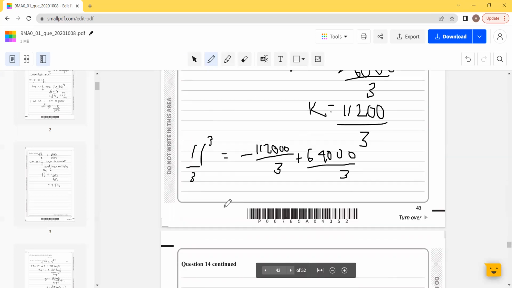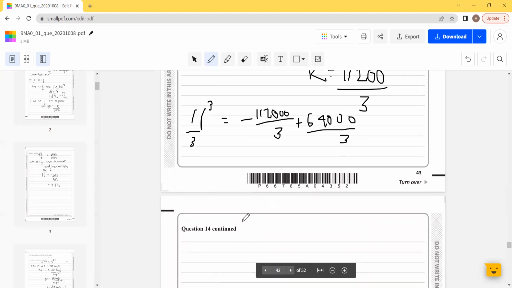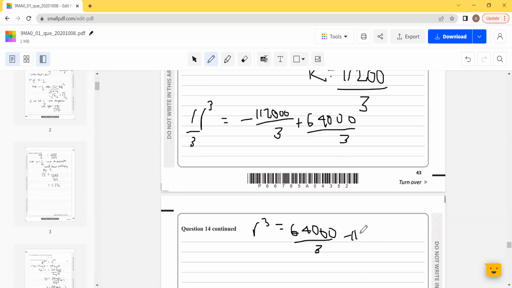So r cubed is equal to 64,000 over 3 minus 11,200. Sorry, not over 3. This shouldn't be over 3. r cubed is 64,000 minus 11,200t.